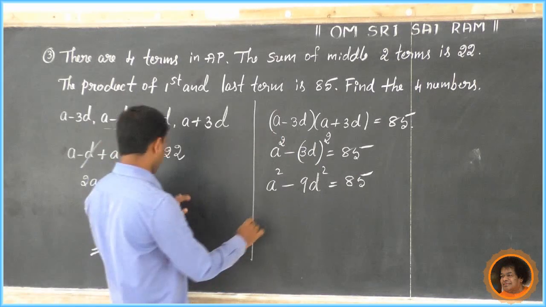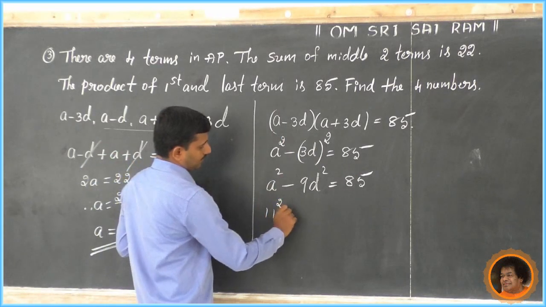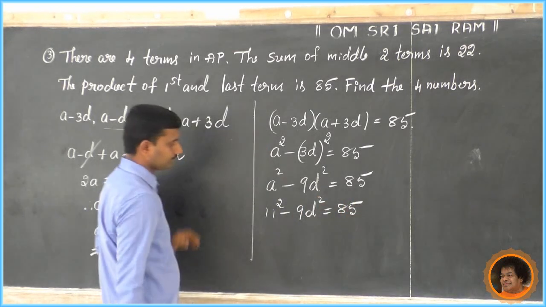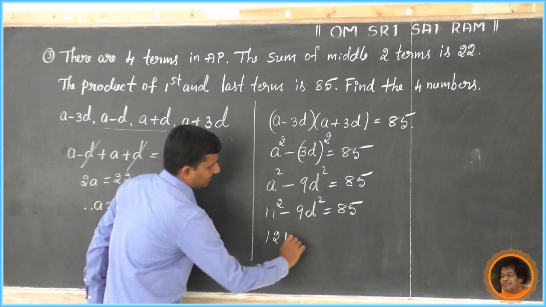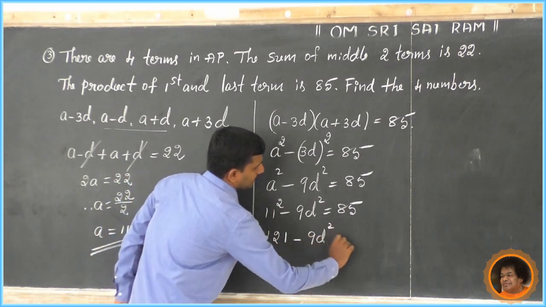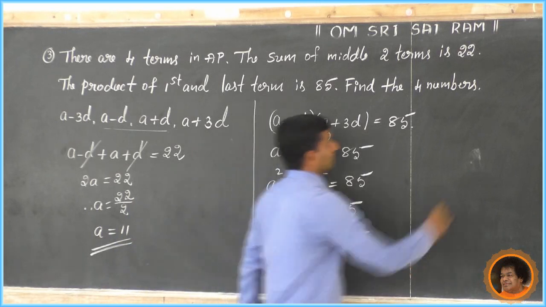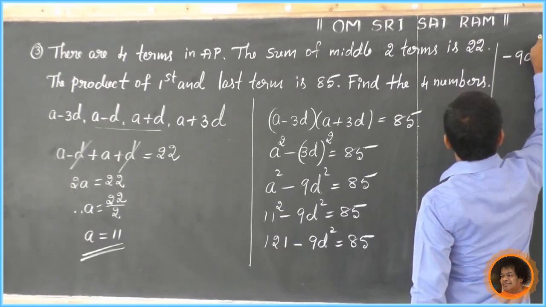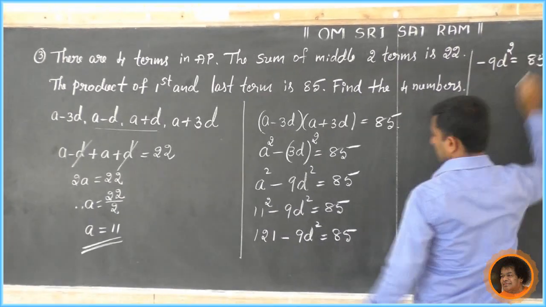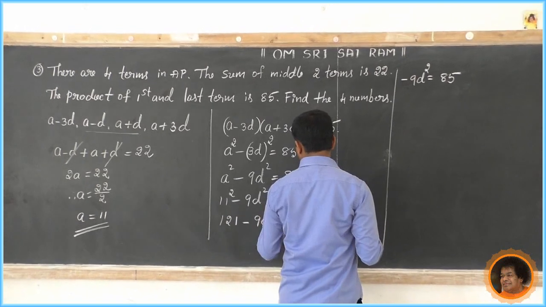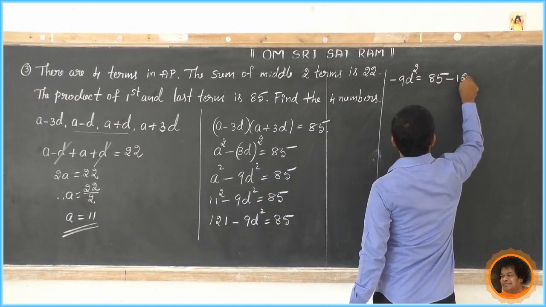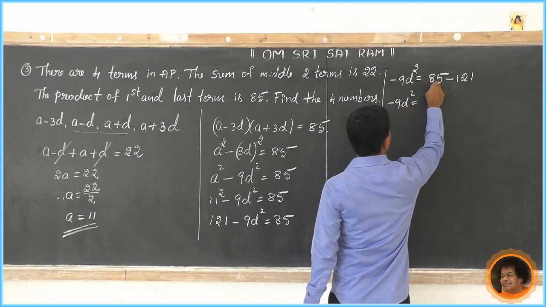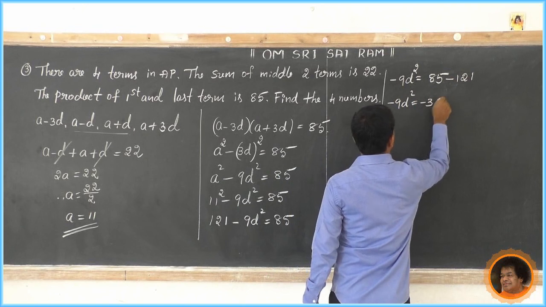Now substitute the value of a. So 11 square minus 9d square equals 85. 11 square is 121, minus 9d square equals 85. Transposing 121 to the right hand side, minus 9d square equals 85 minus 121, which is minus 36.